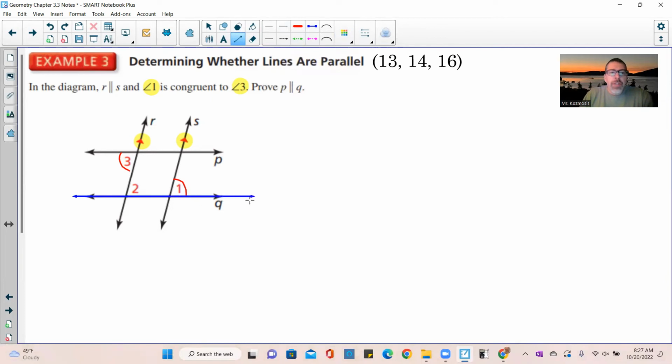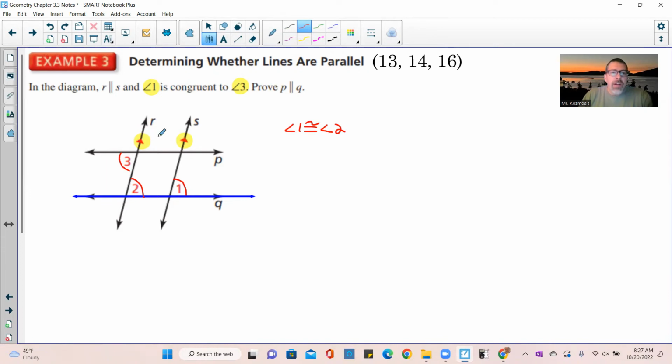If I focus on this being my transversal, I have angle 1 and angle 2 on one side of a transversal of parallel lines. So since lines R and S are parallel, I can say angle 1 is congruent to angle 2. Okay, I'm not doing a formal proof, but I'm just saying it here.